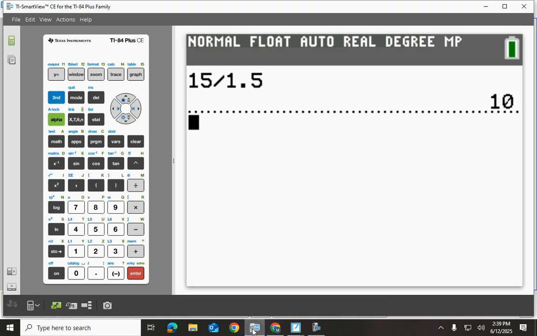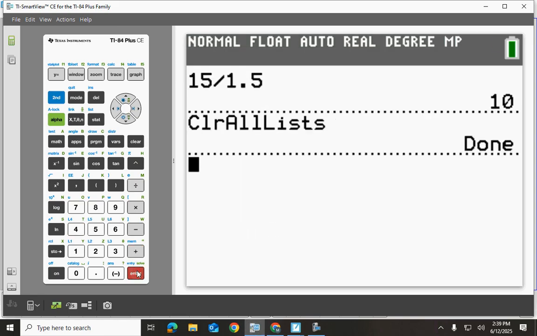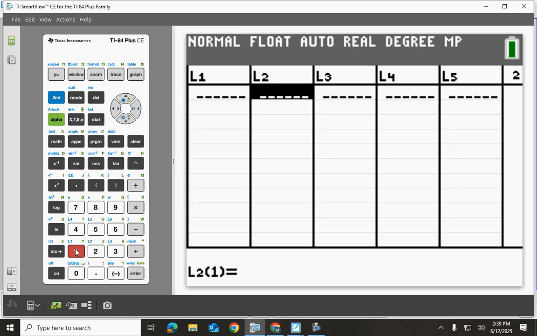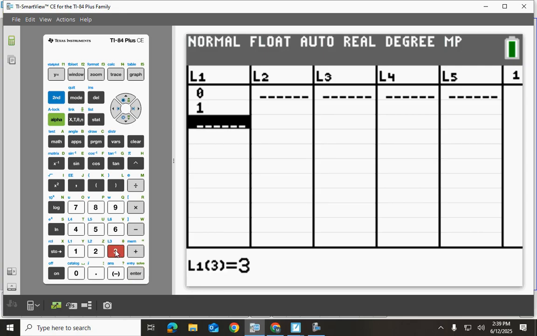Okay, so let's review it. Second plus number 4, hit enter to clear everything out. Hit stat, pick number 1, make sure your cursor is under L1, and we're going to enter in those lists. So enter in all your X's: 0, 1, 3.48, 6.21, 8.13.